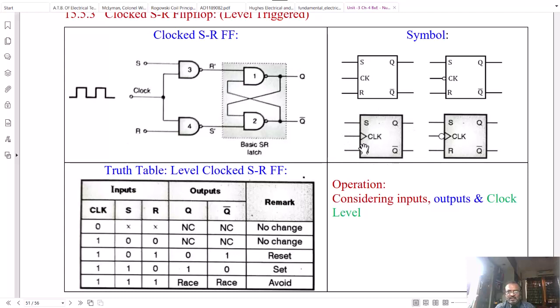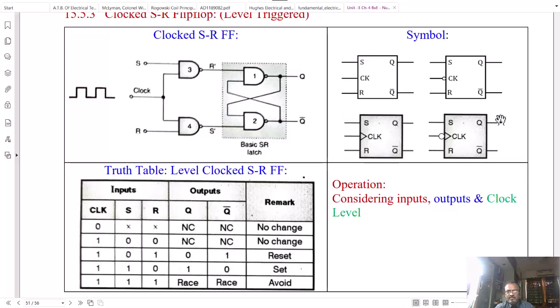Whereas in the third diagram, there is a triangle symbol shown. This indicates the flip-flop outputs depend on the clock input positive edge. So it is called a positive edge triggered flip-flop. And if there is a bubble shown here with a triangle, then it is a negative edge triggered flip-flop. The edge triggered flip-flop output doesn't change for the constant input level either in high state or low state.